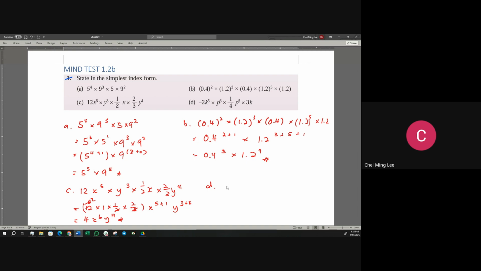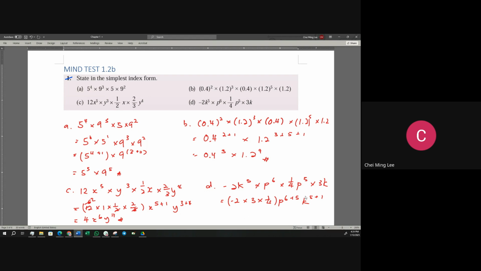Okay, for D: negative 2k to the power of 5 multiplied by p to the power of 6 multiplied by 1 over 4p to the power of 5 multiplied by 3k. So negative 2 multiplied by 3 multiplied by 1 over 4 multiplied by 1. Then p to the power of 6 plus 5, and k to the power of 5 plus 1.